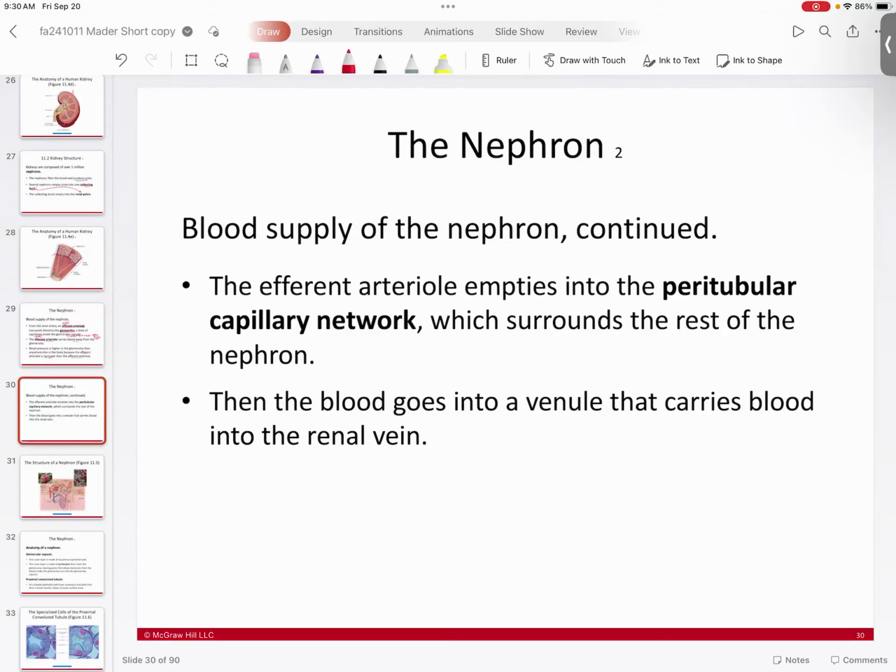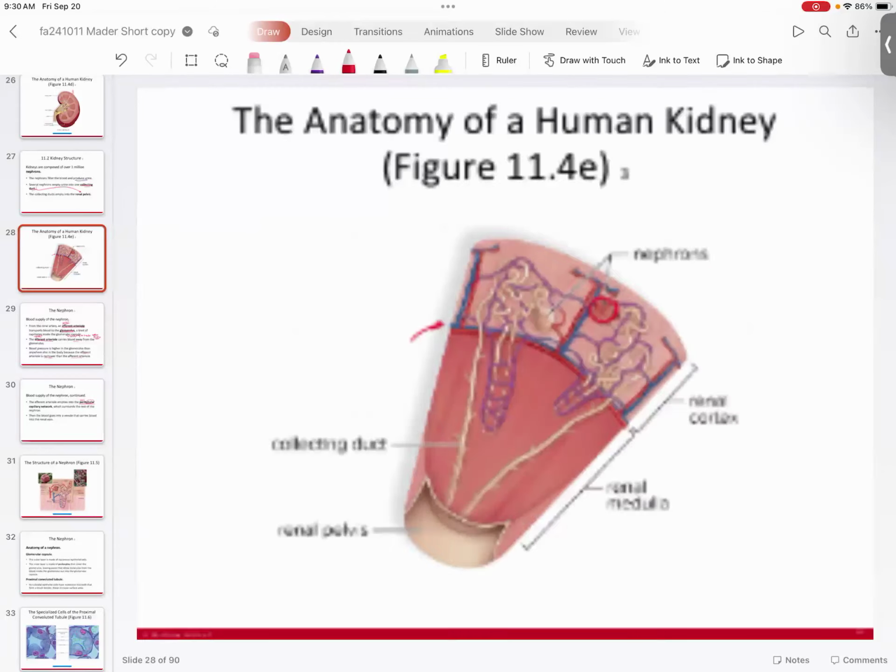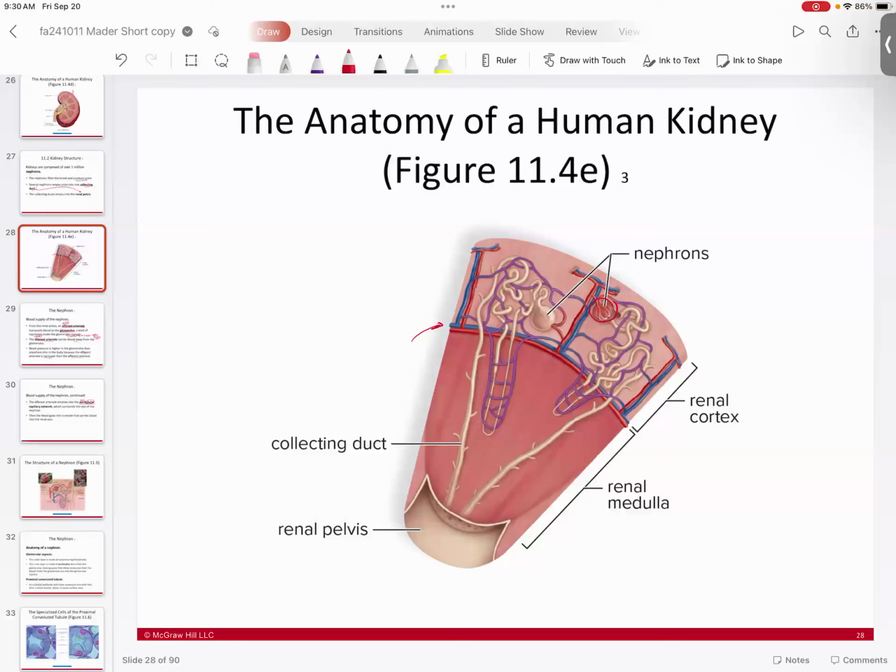The efferent arteriole will then make its way into a capillary network called the peritubular, where peri means around, the tubular capillary network. This surrounds the rest of the nephron. So this is what all of this piece here was in the nephron. These purple capillaries are your peritubular capillary.